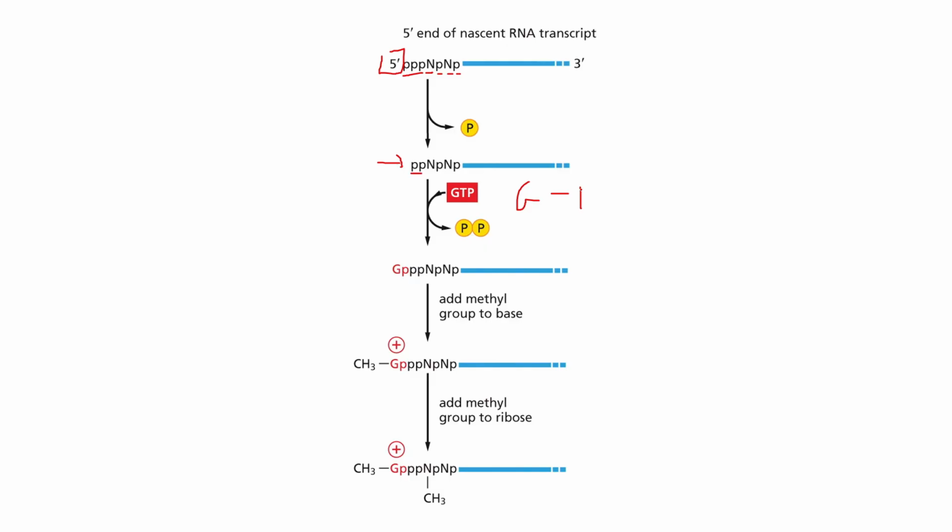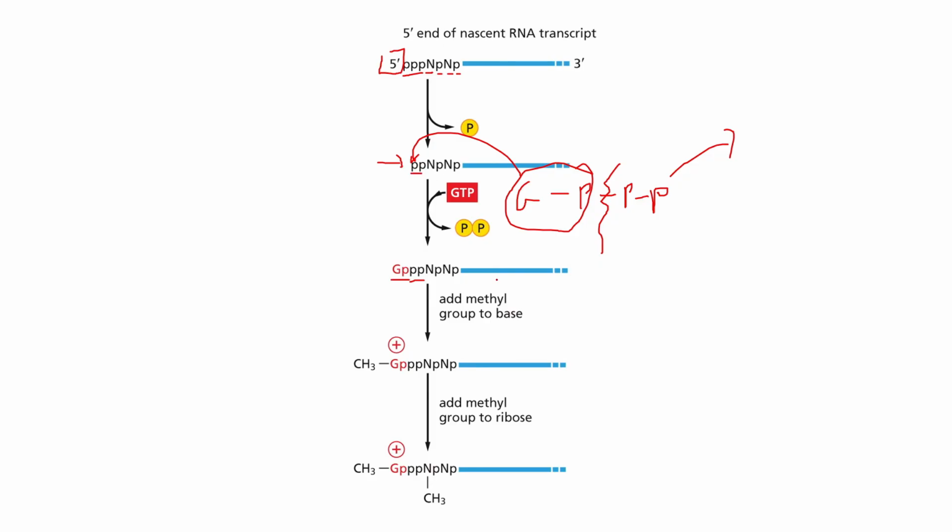Okay, so here's G, here's P with 3 phosphates, right? We're going to slice out the pyrophosphate, have the GP attached onto here, and the pyrophosphate leaves. Now, once that happens, now you have your guanine phosphate attached with the other 2 phosphates that was originally on the 5' end.